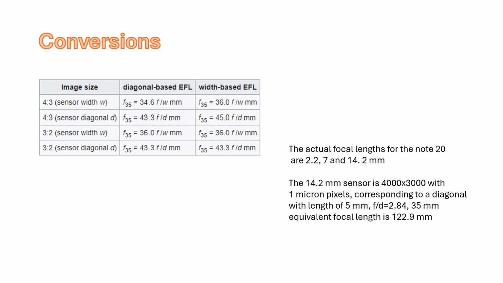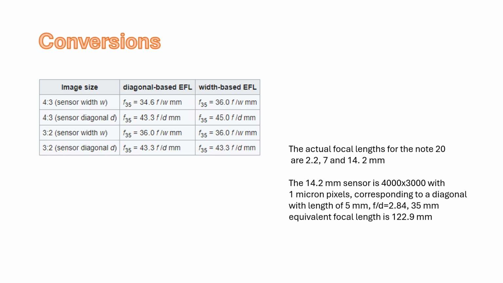For the Samsung Note 20, the actual focal lengths are 2.27 and 14 millimeters. The 14 millimeter sensor is a 4/3 sensor, and then the 35 millimeter equivalent focal length, we multiply the actual focal length by nearly a factor of 10 to get this 120 millimeter equivalent focal length. So that's not the issue for today, though.